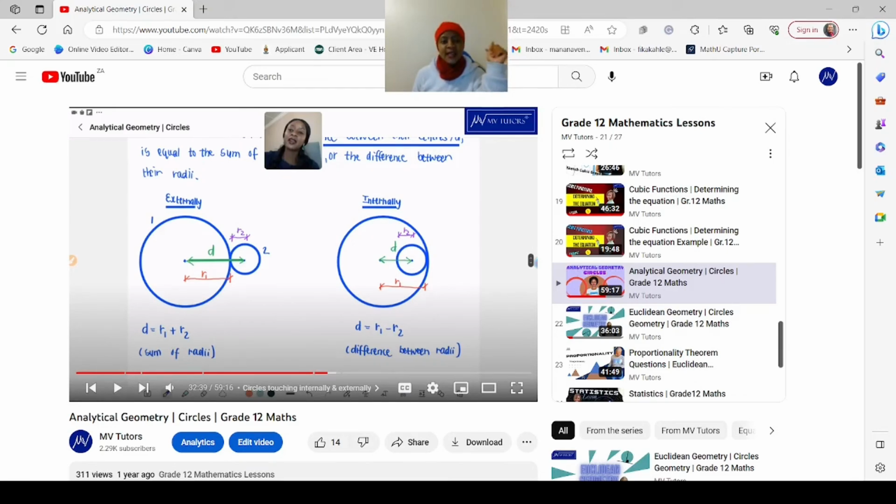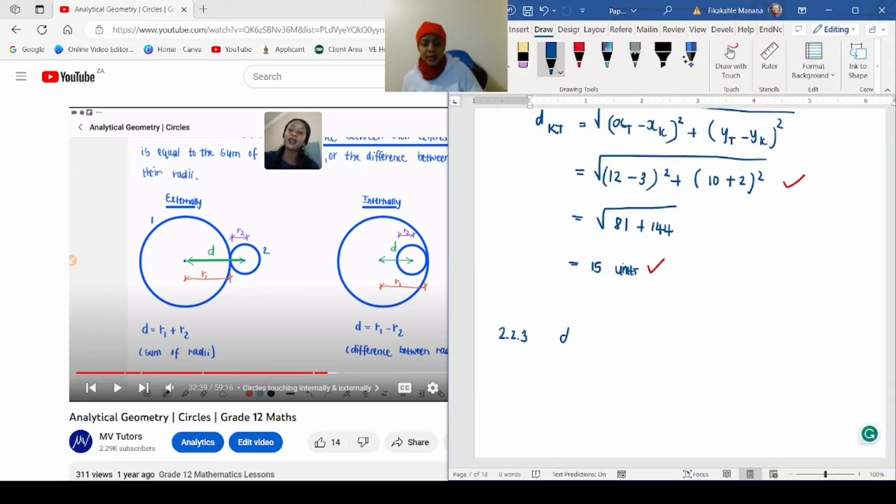We'll check. So they either touch externally or internally. We need to look out for the distance between the centers, which is 15 units. And we need to check what is the radius for 1, what is the radius for 2.